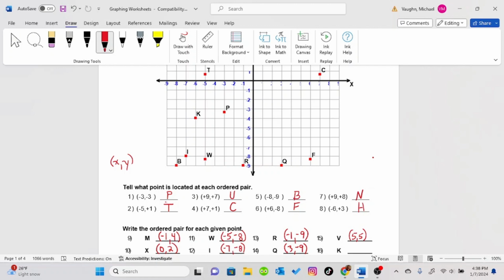And number 16 wants point K. We can see that's where x equals negative 6 and y equals negative 4. So anytime you're writing the coordinate pair, you are writing the x coordinate first and the y coordinate second.